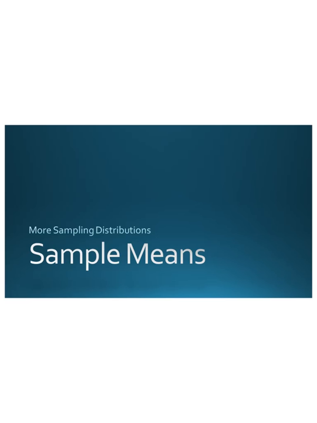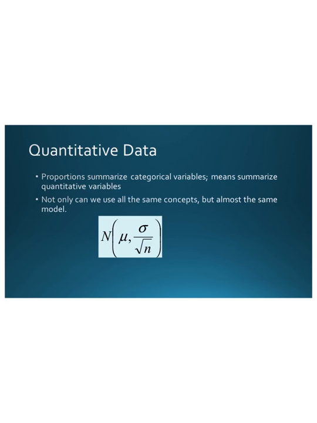Today we will be looking at more sampling distributions, specifically sample means. Remember, proportions summarize categorical variables. Means summarize quantitative variables. Not only can we use all the same concepts, but almost the exact same model.